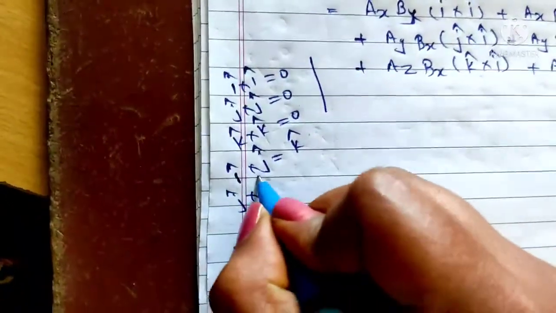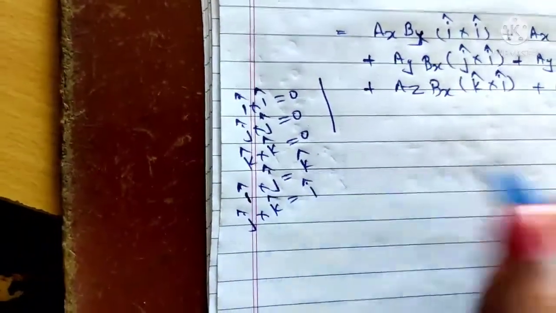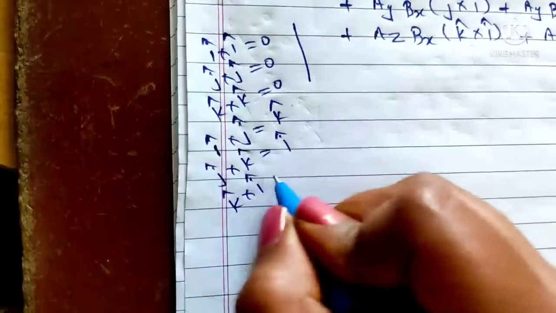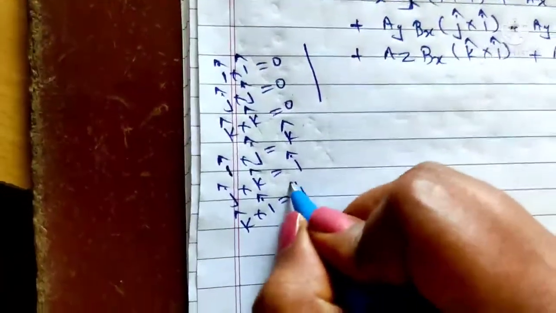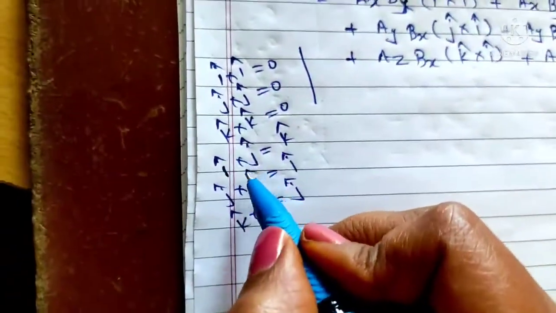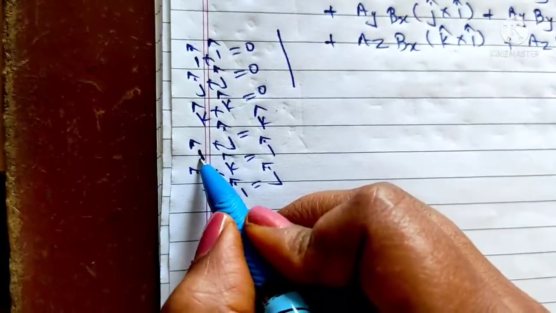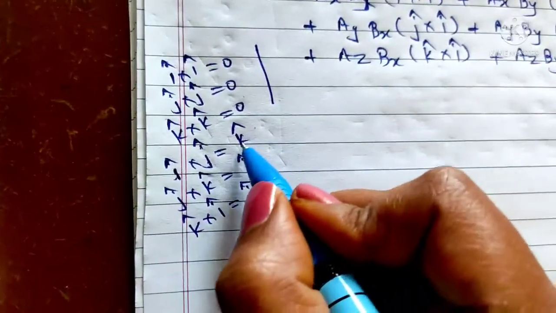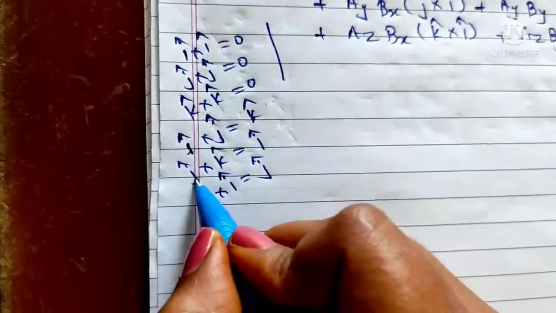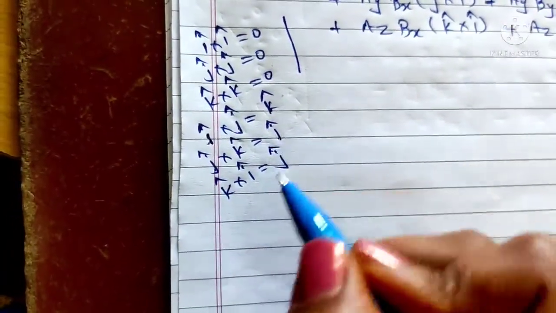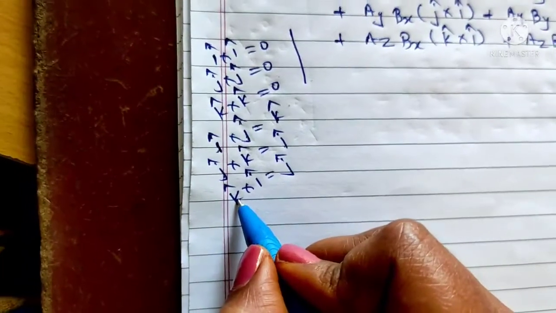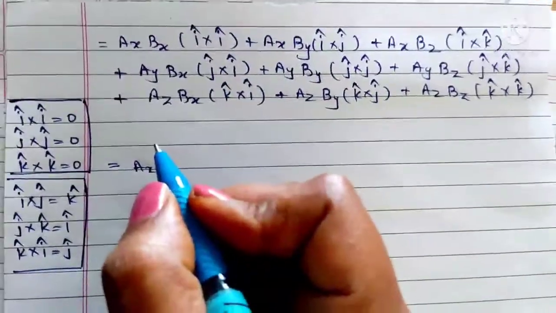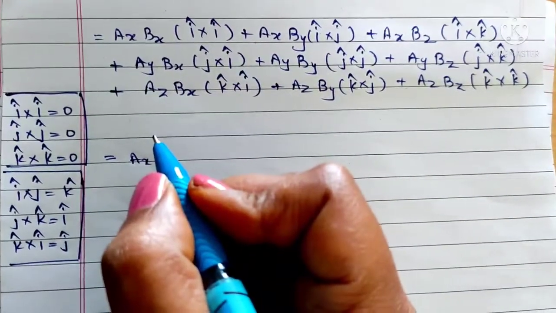Similarly, j cap cross k cap is equal to i cap. See the order i, j, k, and k cap cross i cap is equal to j cap. If we write j cap cross i cap, meaning the order is reversed, then we get minus k cap. K cap cross j cap gives minus i cap, and i cap cross k cap gives minus j cap. So we are going to use these identities to solve the above equations.